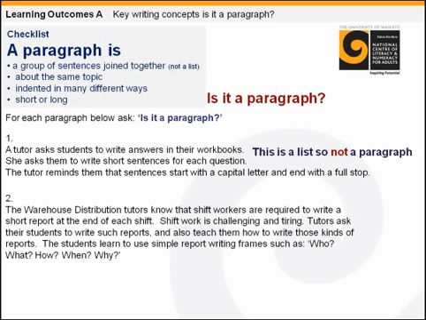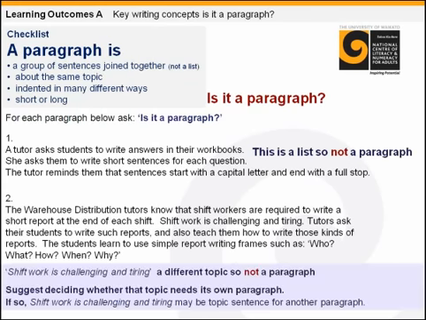Actually, the rest of the paragraph is okay, it kind of matches back to the focus of that topic sentence, but shift work is challenging and tiring is really quite a different topic.